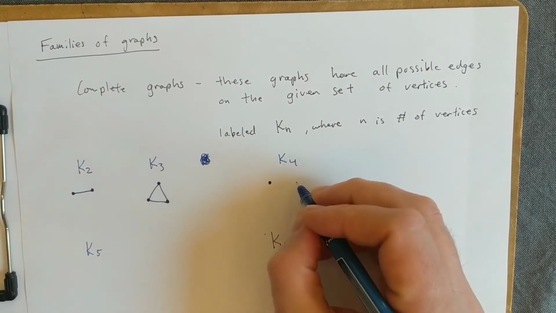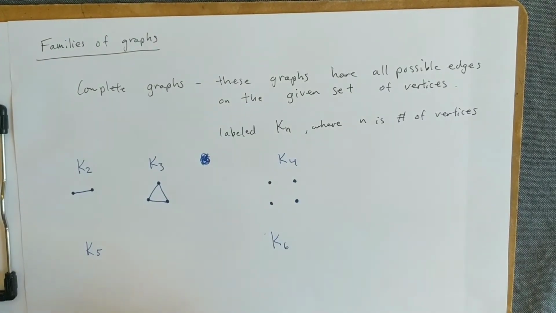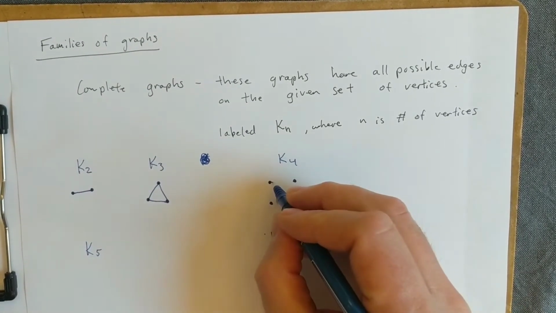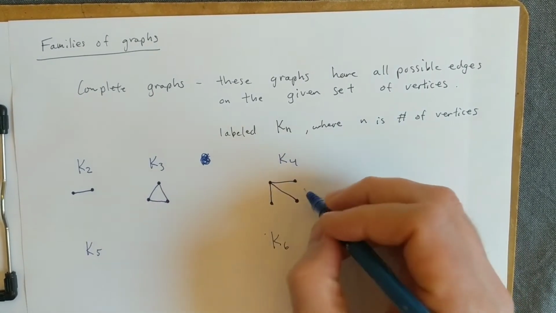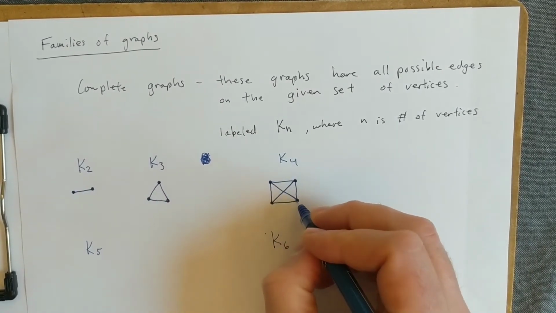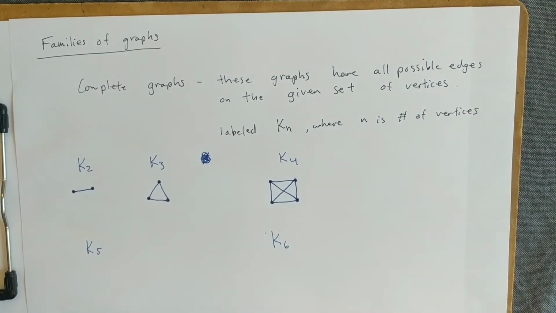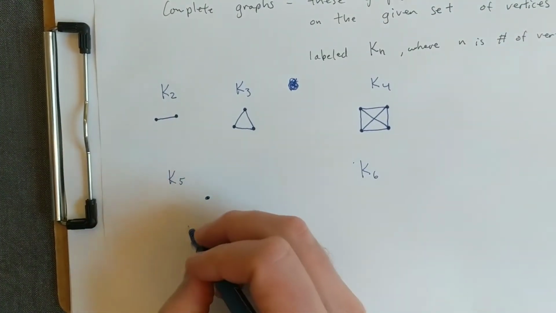Okay, so as we get larger numbers of vertices, these become more complex pretty quickly. So K4, I have to connect this to every other vertex, but also have to connect this to every other vertex, and then I have to connect this to every other vertex. So there's the complete graph K4. And then K5, 5 vertices.